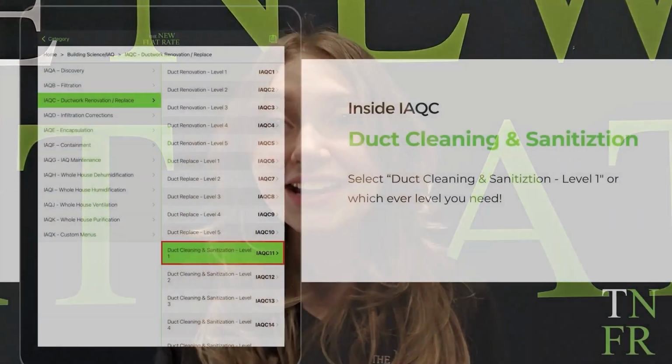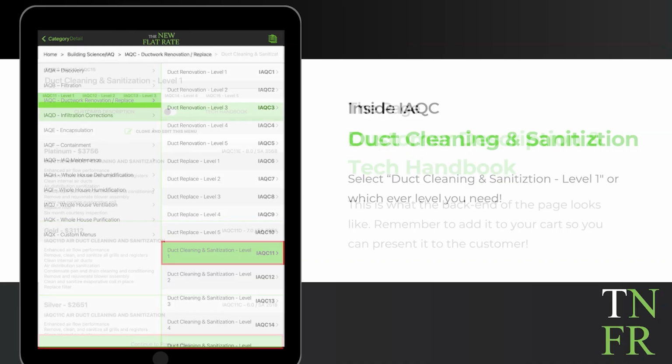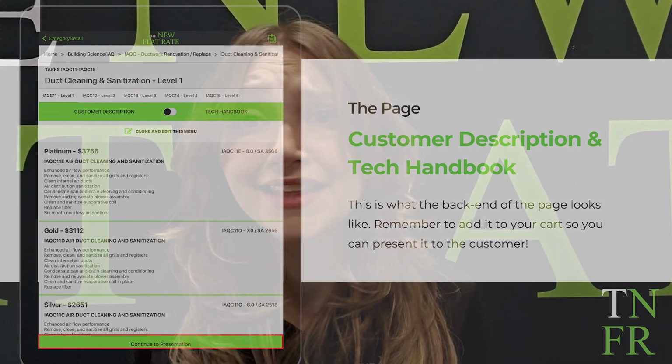This is for when the duct system itself needs improvement, modification, sealing, or renovation. This is more structural. Now, option 2, duct cleaning and sanitization. If the duct system is structurally fine, but it's dirty, contaminated, or needs cleaning, then you'll use IAQC 11 duct cleaning and sanitization. It's that easy, guys.